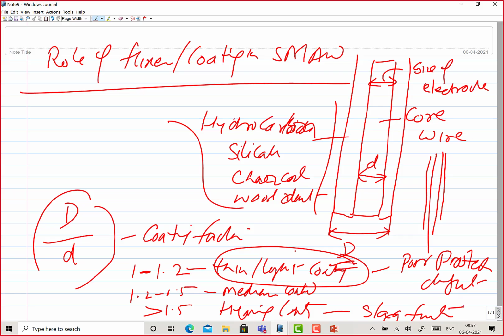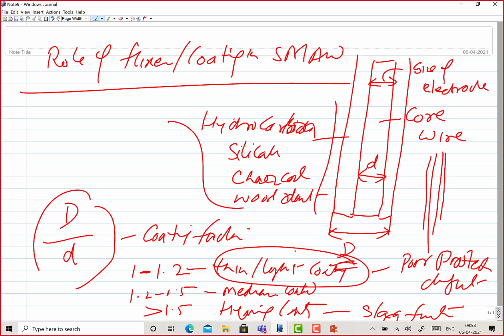This slag may get entrapped in the weld metal itself, leading to defects. So skewedness on either side, very thin coating or very thick coating, both may not be desirable.